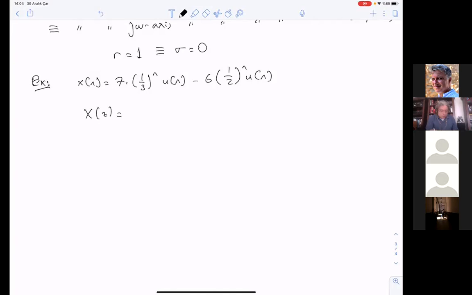the Z transforms of each term, and then using the linearity property of the Z transform, we can just combine them, add them up. So for the first part, it is 1 over 1 minus 1 over 3 Z inverse, like A Z inverse, minus 6 times 1 over 1 minus 1 over 2 Z inverse.